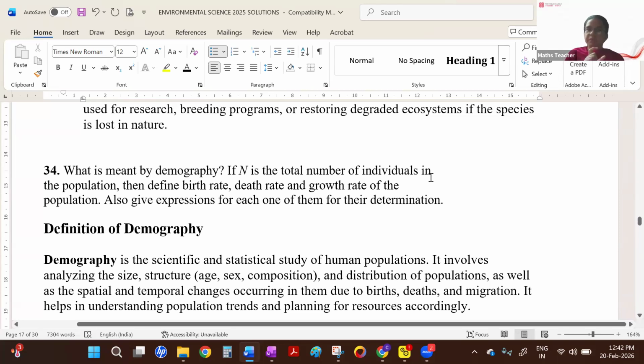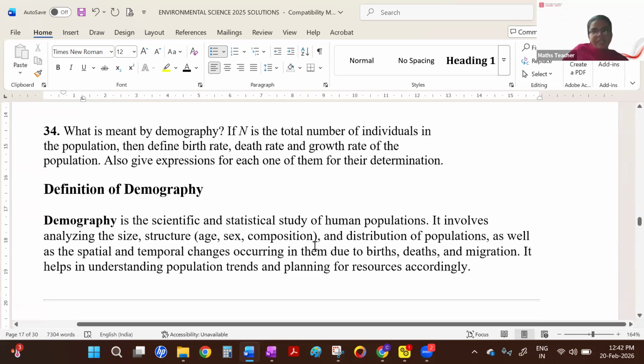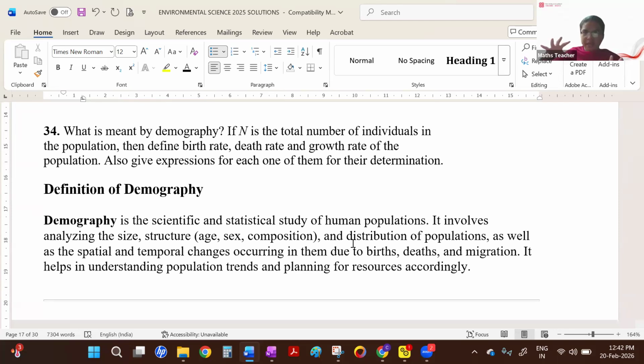So the first term is demography. What is demography? It is a scientific and statistical study of human populations, right? Learning about the different human populations and their settlements and their growth pattern, their movement pattern, everything.